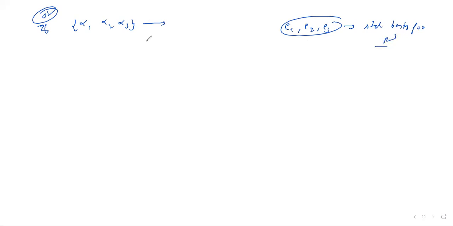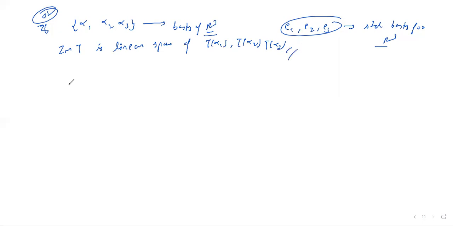And alpha 1, alpha 2, alpha 3 is the original basis of R3. The image of T is the linear span of T alpha 1, T alpha 2, T alpha 3. That's what we have studied in the previous two theorems, in the earlier theorem.